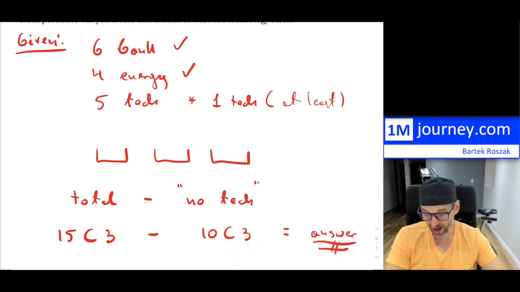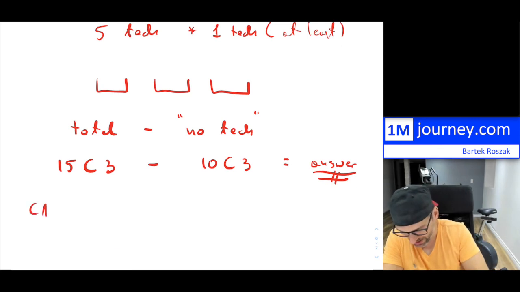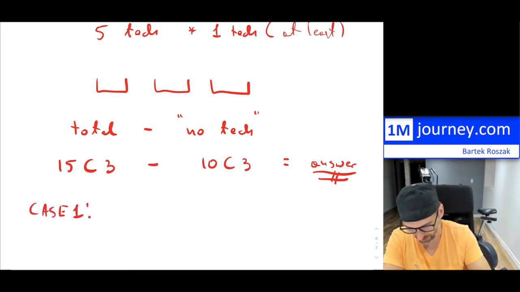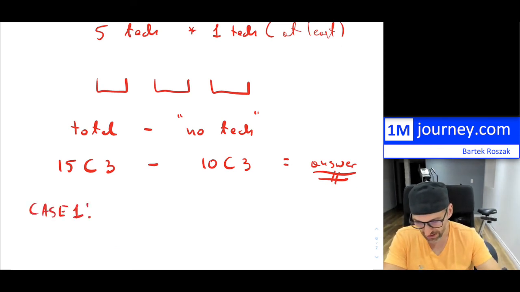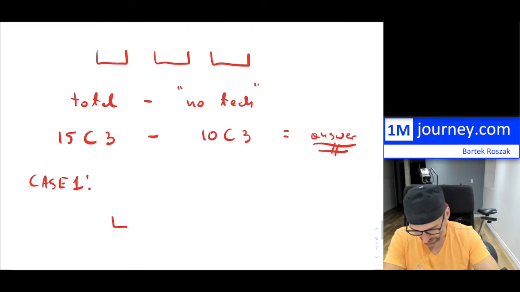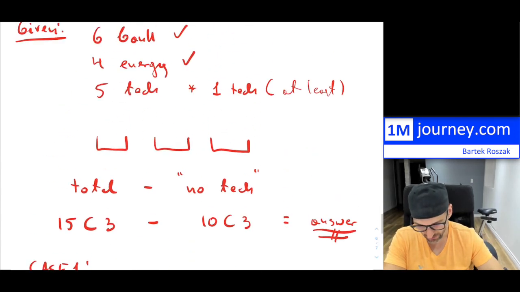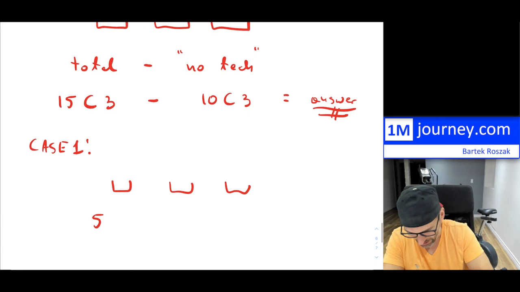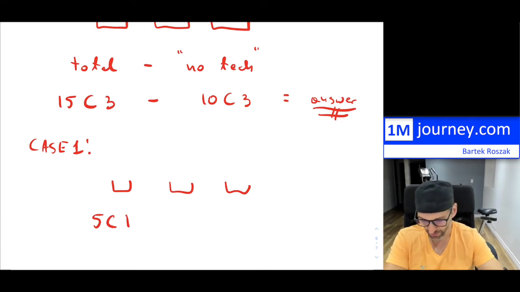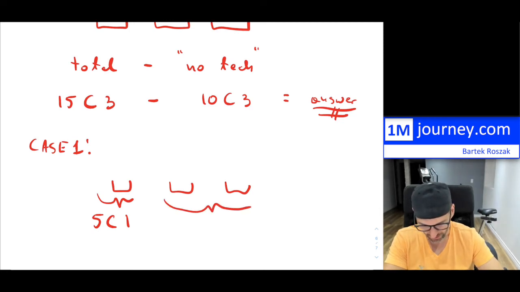Another way you can set this up, if it says at least 1, is with cases, and then we're going to have to add them up. So we have 5 technology stocks. Case 1: 5 choose 1, because that's at least 1, and then what does that leave you?